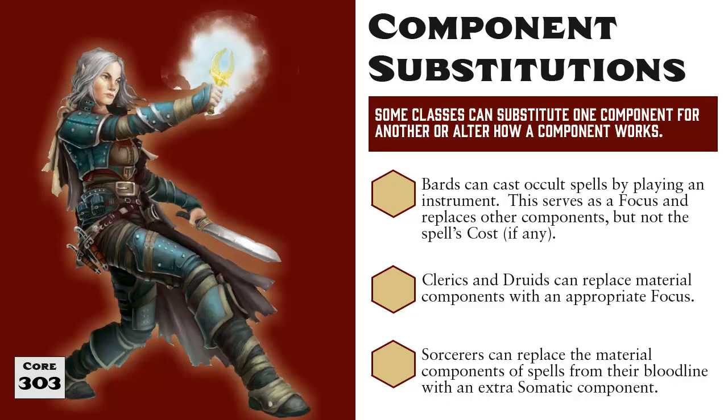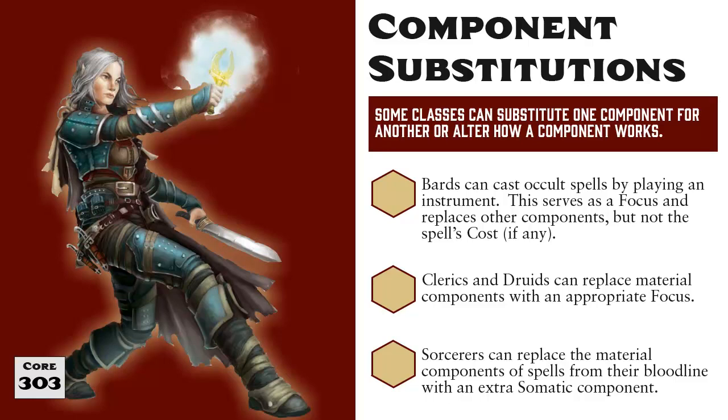Another reason is because of free hands. You have to have one free hand when casting with a material component, but do not for somatic components. So a sorcerer would be able to cast a spell that normally requires a material component without needing to have a free hand. And it might also be handy for situations where characters have limited access to their gear, like being in a jail cell.